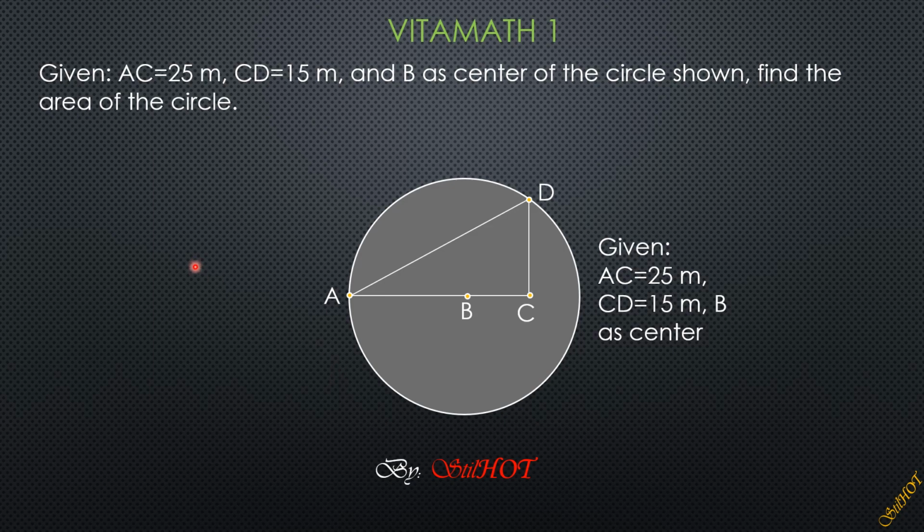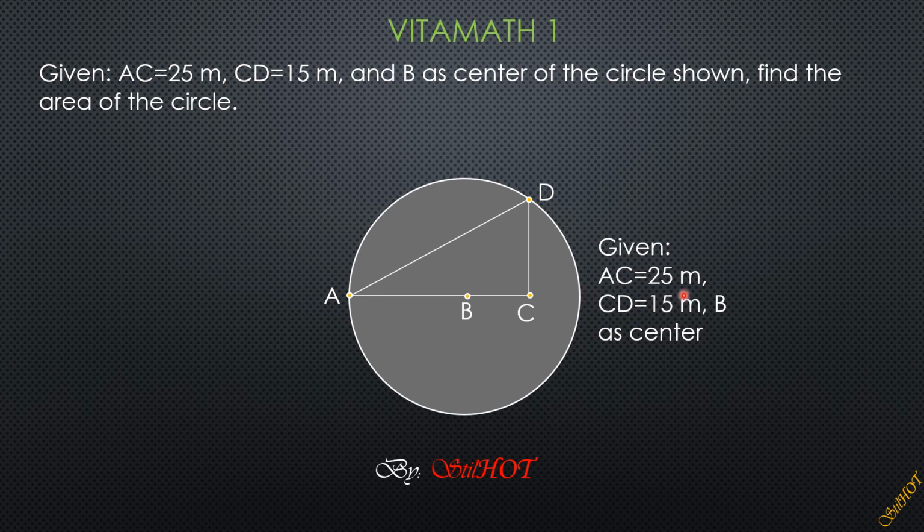So this video is about finding the area of the circle given the lengths of the legs AC and CD of this right triangle where B is the center of this circle here. I try to present at least four solutions in this problem.